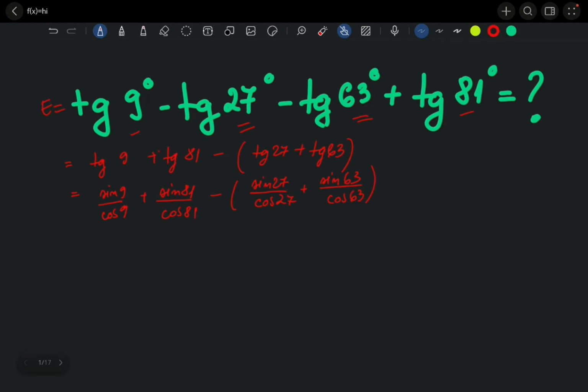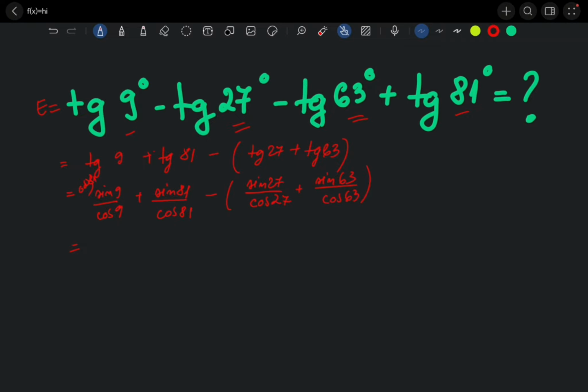So we are getting a common denominator. We are amplifying the first ratio with cosine of 81, the second with cosine of 9, sine of 27 over cosine of 27 with cosine of 63, and the last ratio with cosine of 27.